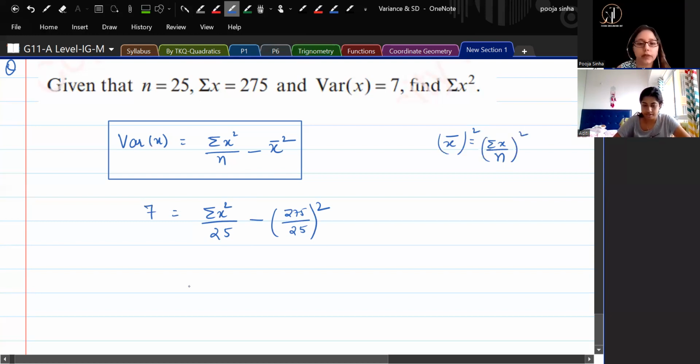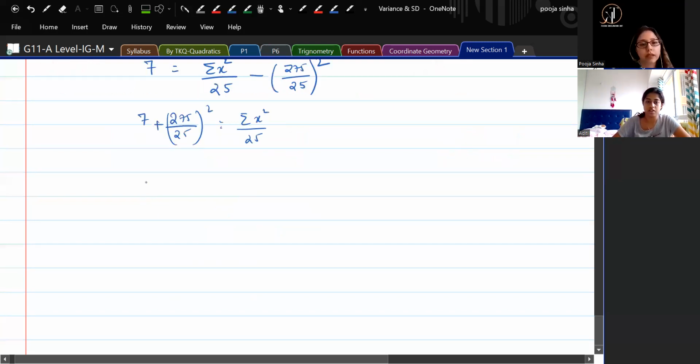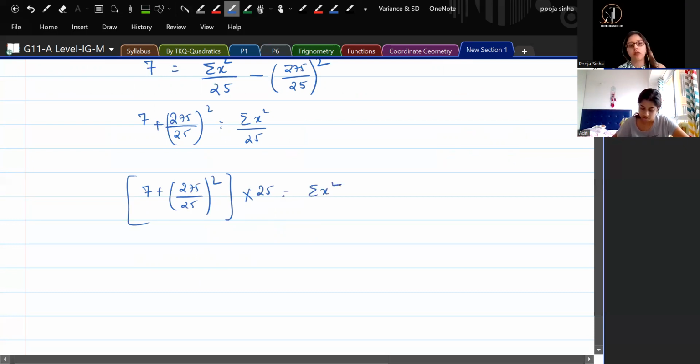So you need to plug in the values like this. Now that becomes 7 plus 275 upon 25 whole square, sigma x square upon 25. And then you figure out 7 plus 275 upon 25 whole square, और जो भी उसका आंसर होगा multiplied by 25 is sigma x square. Give me the final answer.